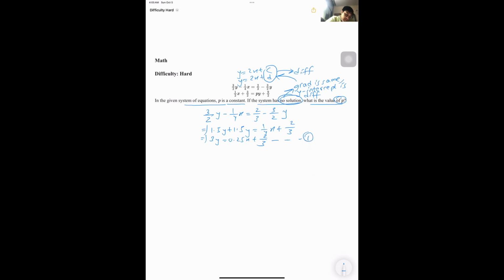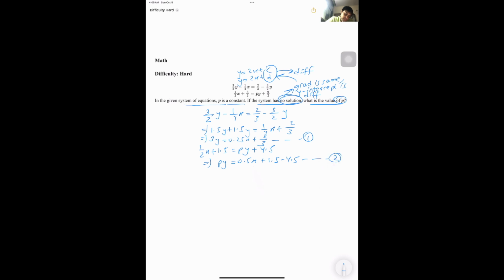The other equation is 1/2 x + 1.5 equal to py + 4.5, or py is equal to 0.5x + 1.5 - 4.5. This is equation 2.